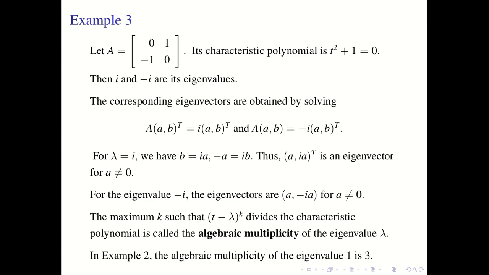The maximum k such that (t minus lambda) to the power k divides the characteristic polynomial is called the algebraic multiplicity of the eigenvalue lambda.